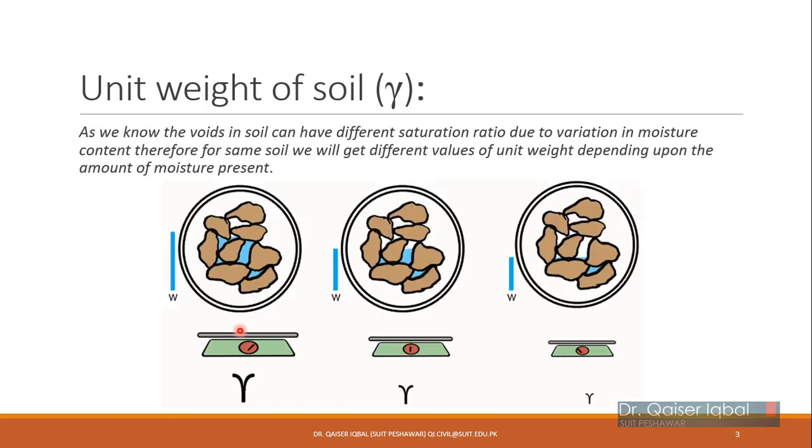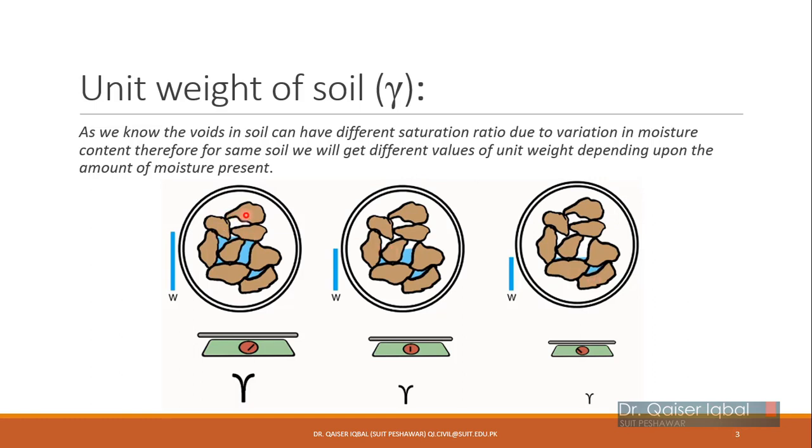In case of soil, as we know, the soil has void spaces in between the particles. There are open voids, and these voids may be under different saturation ratios. They may be fully saturated voids, partially saturated voids, or voids with very little water.